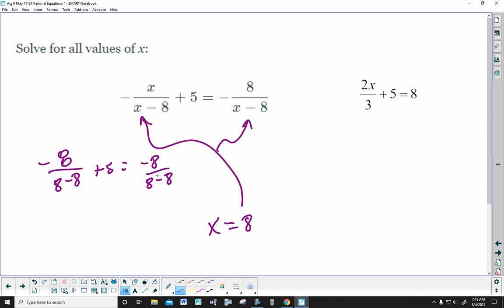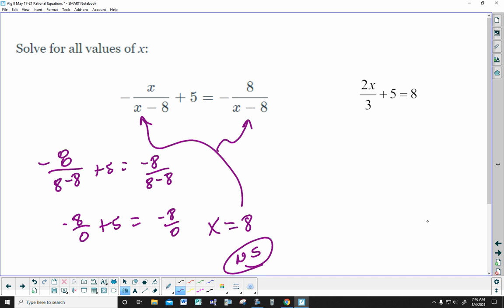Look at this 8 minus 8. That's negative 8 over 0 plus 5 is equal to negative 8 over 0. You can't divide by 0. So there's actually no solution to this question. Okay? Even though algebraically we did everything fine, there's actually no solution for it.